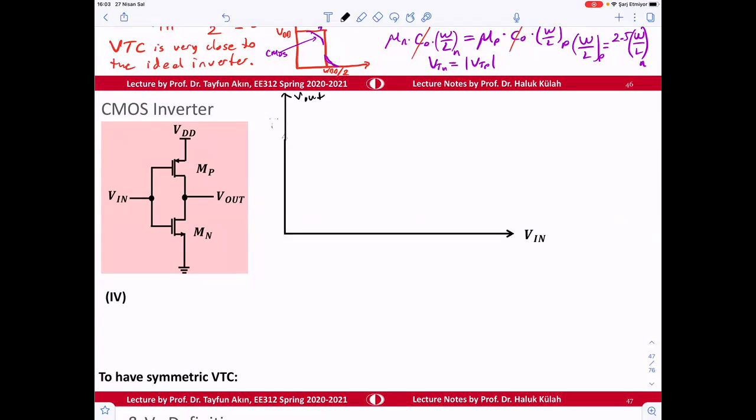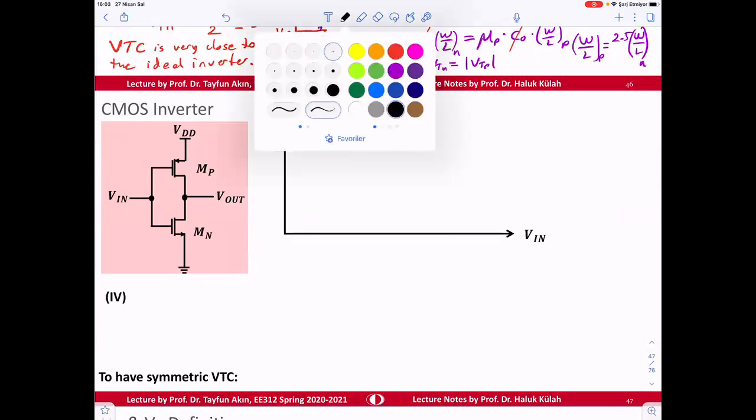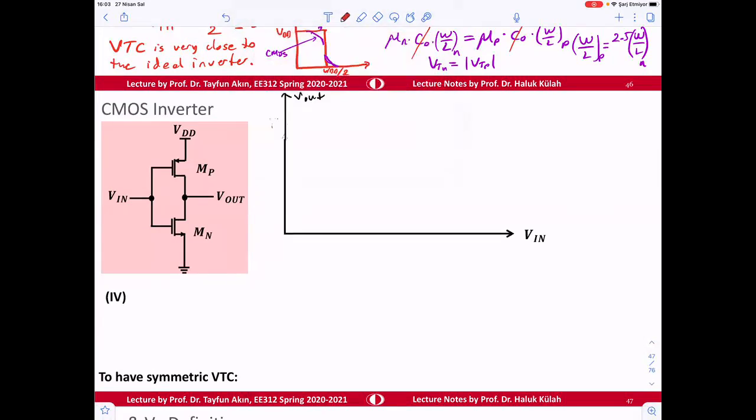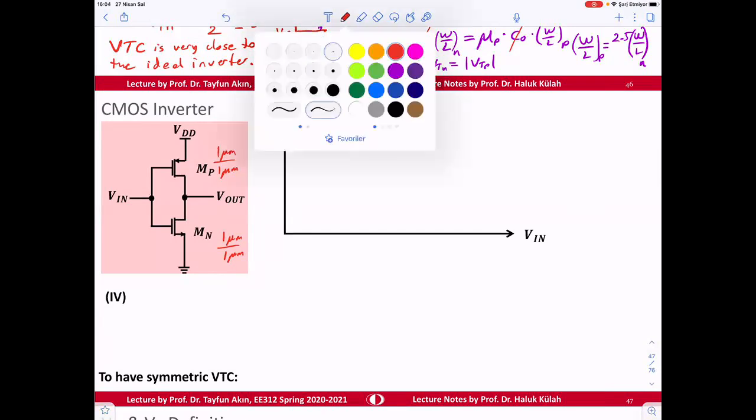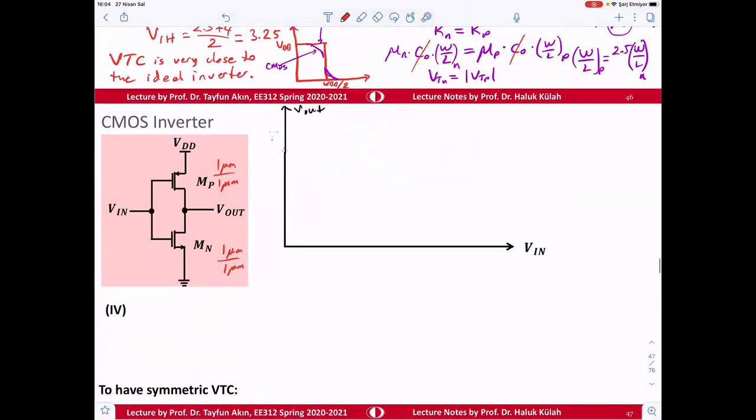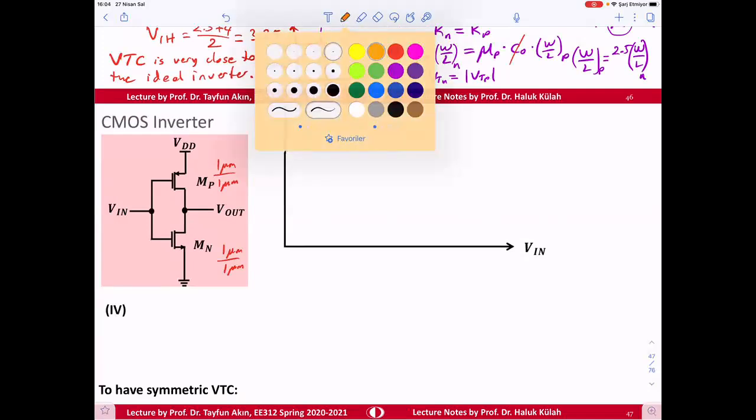If I select the devices not to be symmetric, say this one is 1 micron by 1 micron, and this one is 1 micron by 1 micron, what will happen to the circuit?